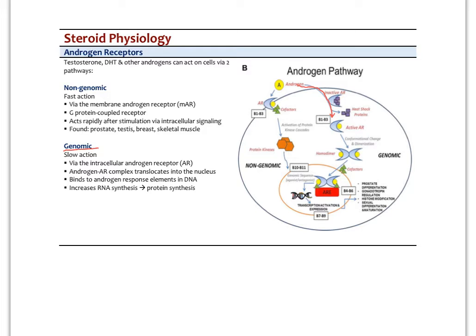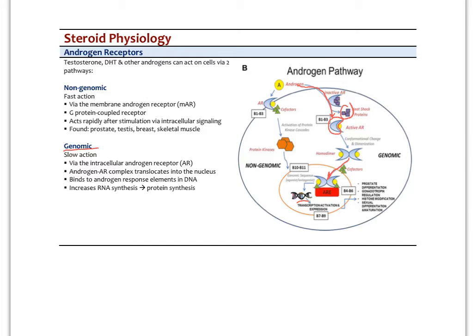It's going to bind to an inactive androgen receptor, usually in the cytoplasm. Usually that receptor is blocked by heat shock proteins that have to be removed. And then it's going to form usually a homodimer with another androgen receptor, and that's going to be translocated to the nucleus, and that's going to stimulate gene transcription and then eventually translation into anabolic proteins.